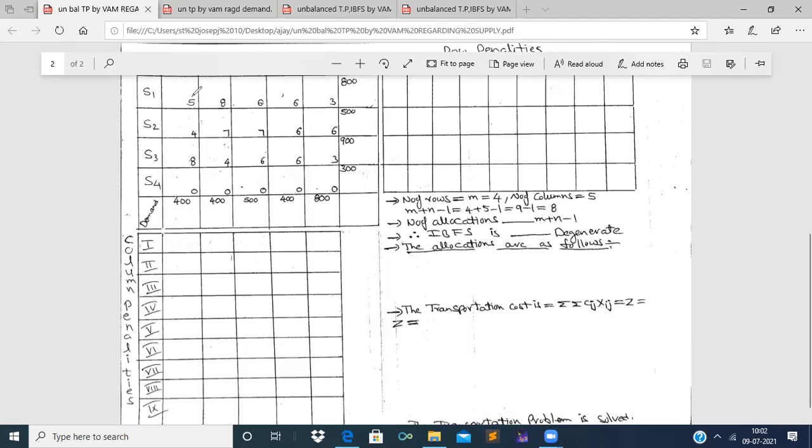Now see here, in the first row of the cost matrix, 5 8, it is 6 or wait, let me see. Wait for a while.